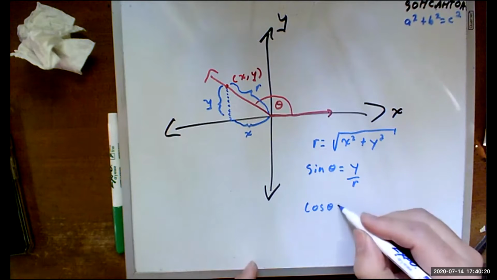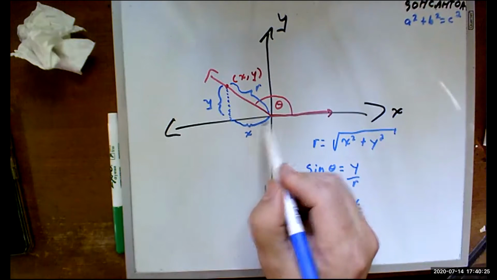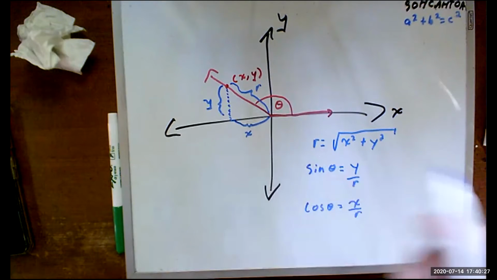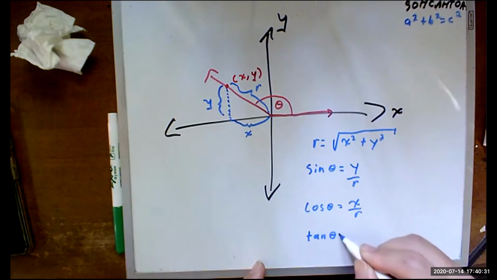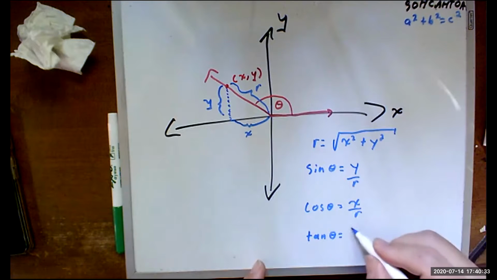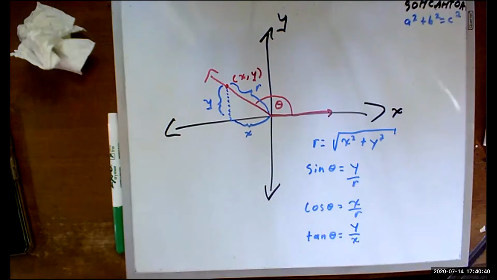The cosine of theta then must be x over r, so again the adjacent over the hypotenuse, which then leaves us the tangent, which will be y over x, which is to say opposite over adjacent.